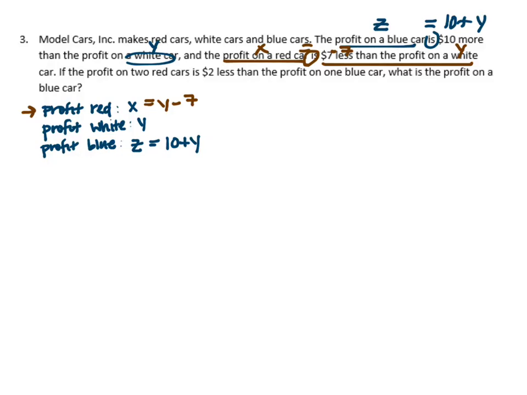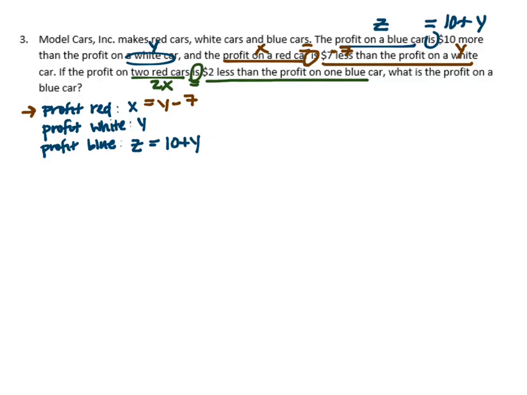The next thing we're going to take a look at says, if the profit on 2 red cars, okay, well, 2 red cars would be 2x. Is would mean equals $2 less than the profit on 1 blue car.